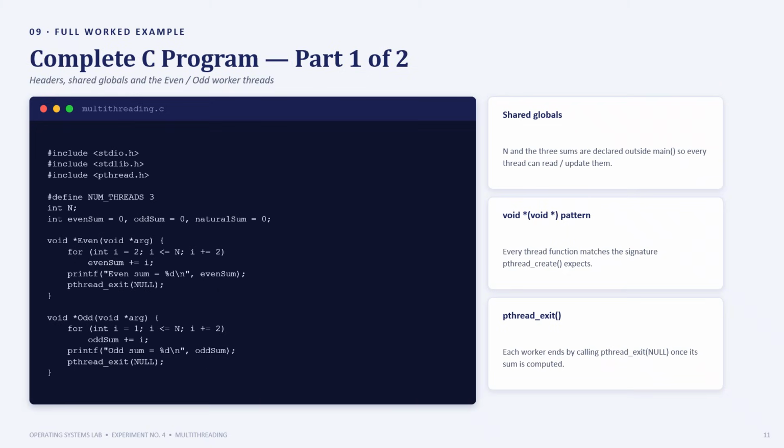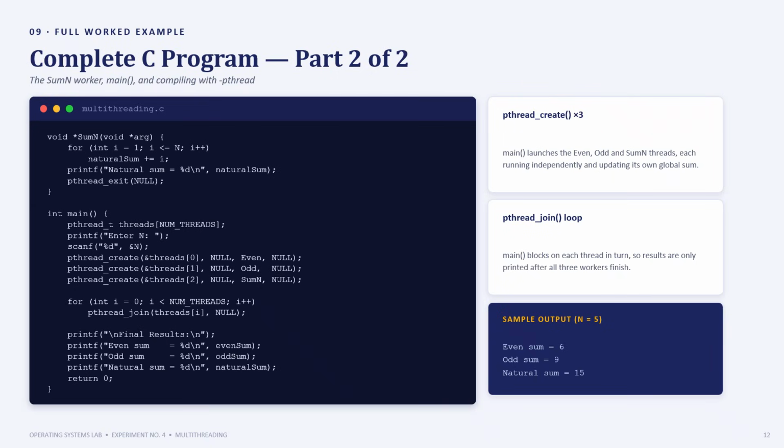The odd function works exactly the same way, but it starts from i equal to 1, so we get only odd numbers. Please notice both functions follow the same pattern. void* function name taking void* arg. This is the pattern which pthread_create expects. Remember what we discussed 2 slides before.